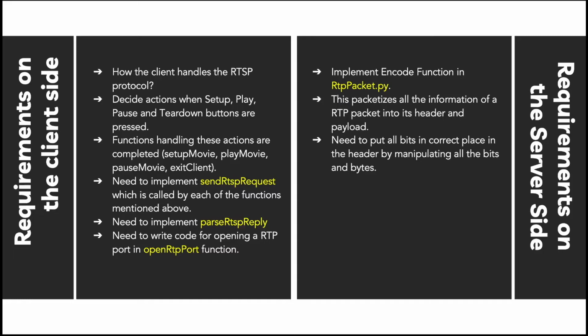We also need to implement the setup, play, pause, and teardown actions. The buttons are already implemented, but the actions and the request that we send when each of these buttons is pressed we need to implement. On the server side, we'll need to implement the encode function in RTPpacket.py, which is for packetizing the RTP packet, and we need to manipulate bits for doing so.